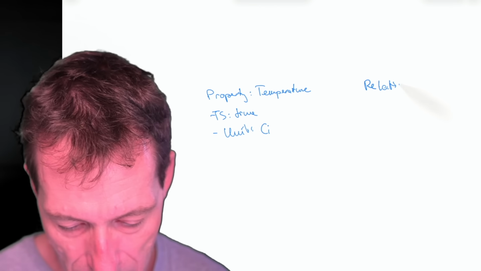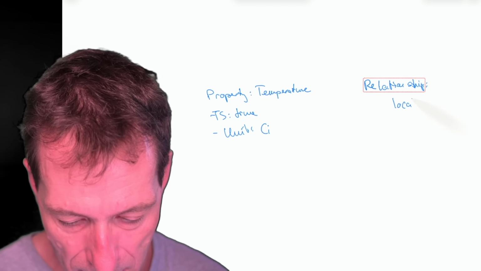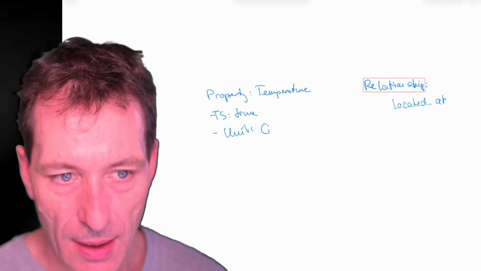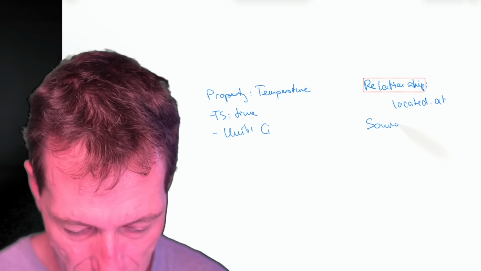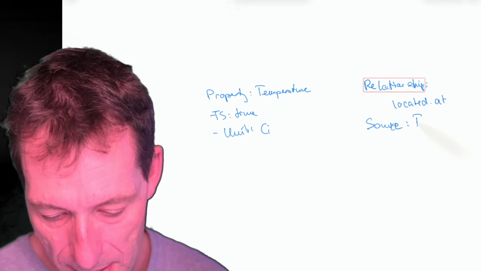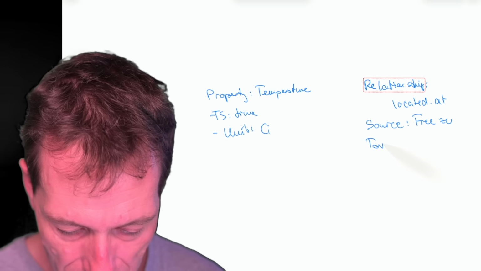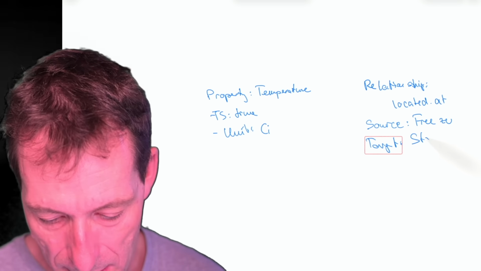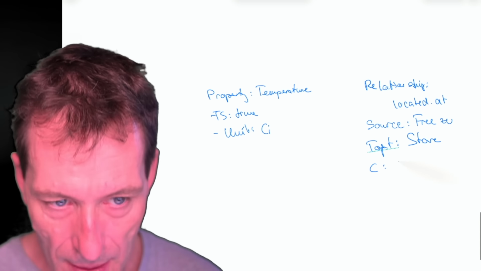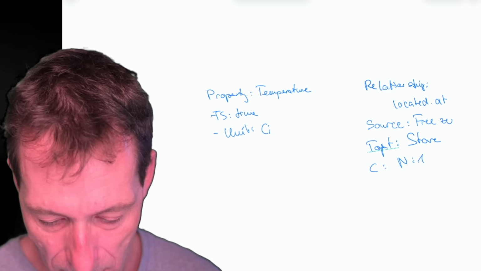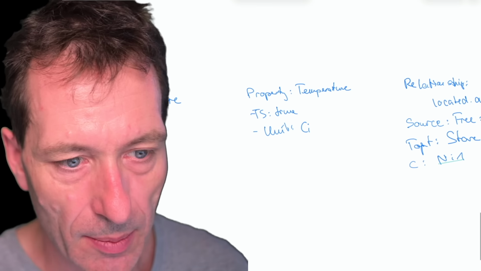The relationship is located at. The source, let's say, is our freezer, and the target, in this case, is the store where the freezer is. The cardinality is n to 1. We can have more than one freezer at one store, but obviously not the same freezer in different stores.